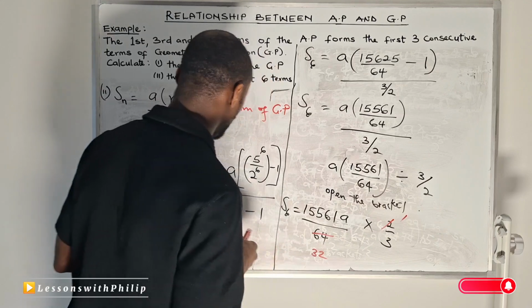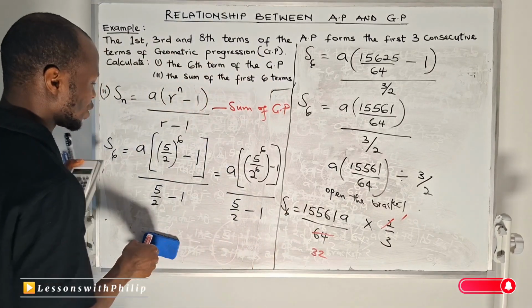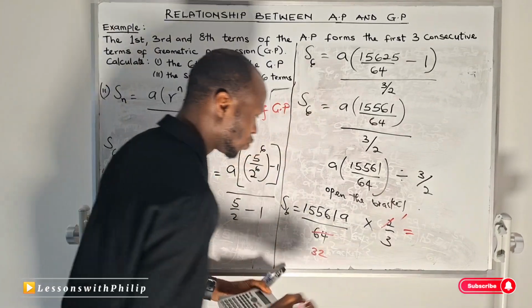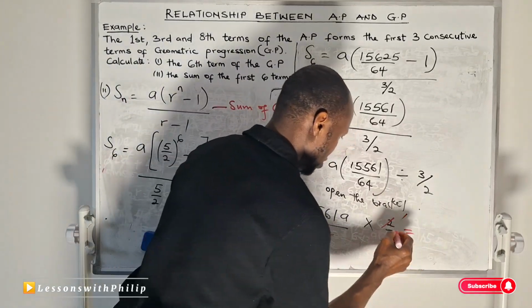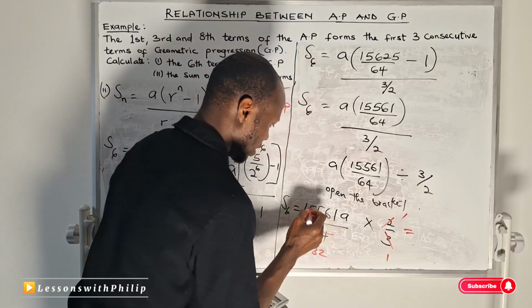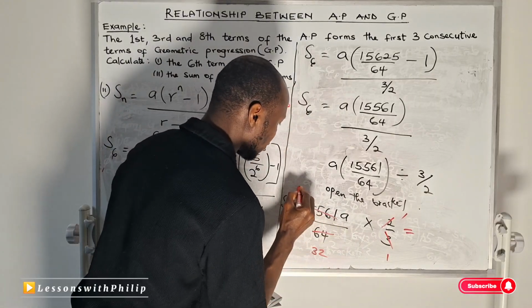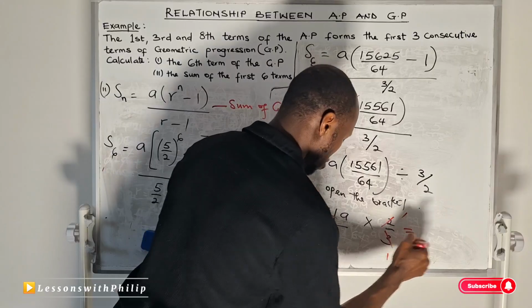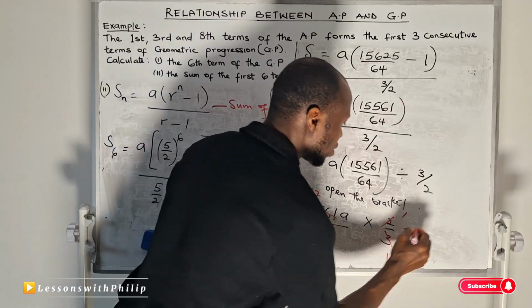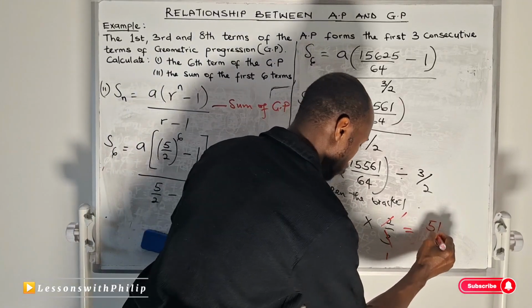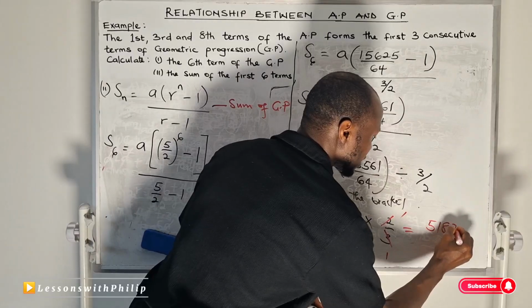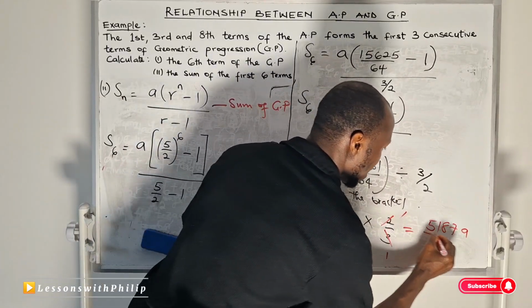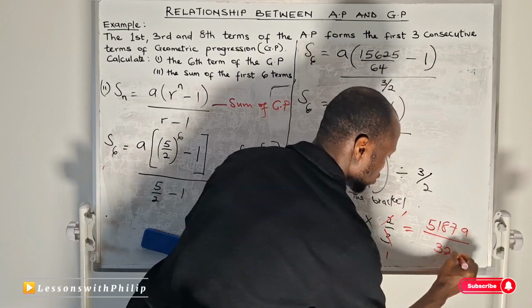Yes, that is possible. Allow me to clean. So automatically, this will now be equal to 3 into 3 is 1. 3 in this side will give us 5187. So my sum of my 6th term will now be equal to 5187A divided by 32.